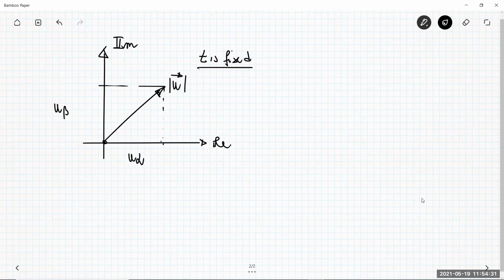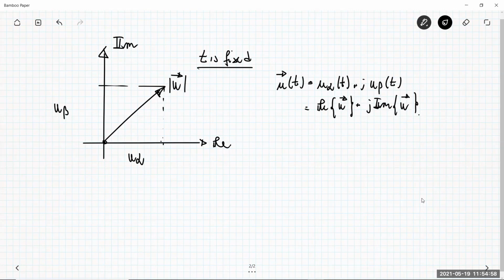Okay, so the space vector is a complex quantity that can be decomposed into the real part and imaginary part. Let me also write it in this way: real part of u plus j imaginary part of u.